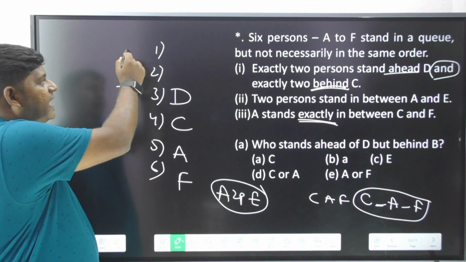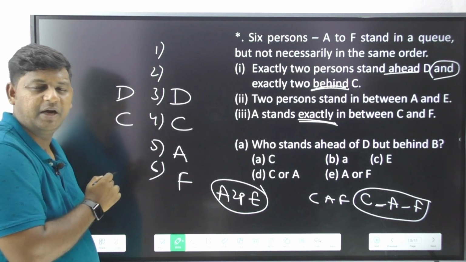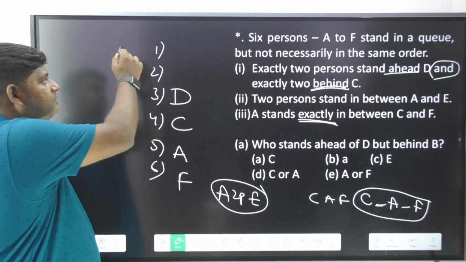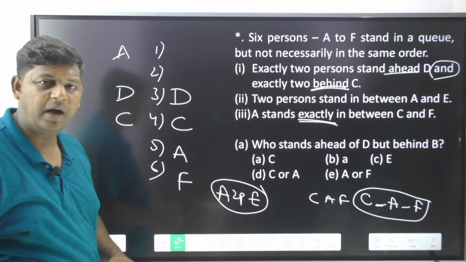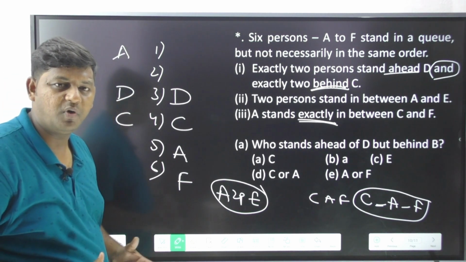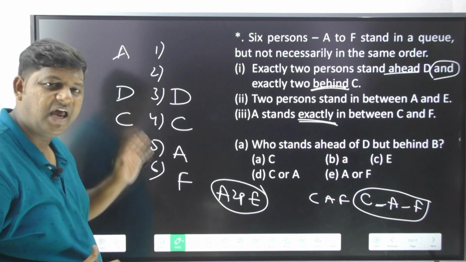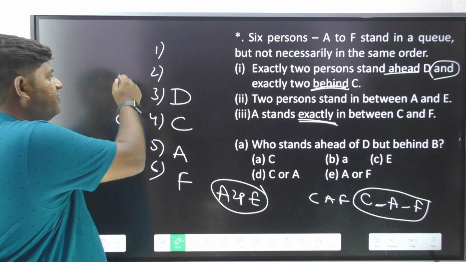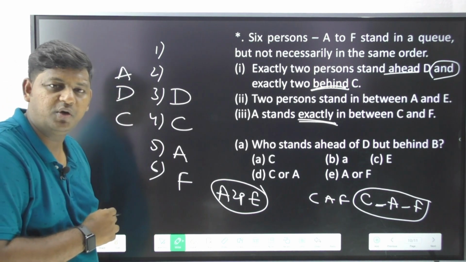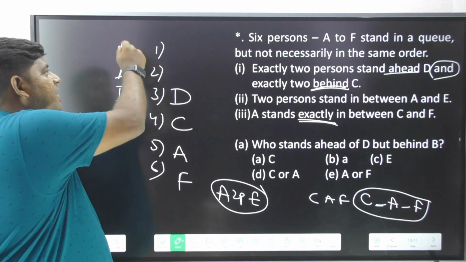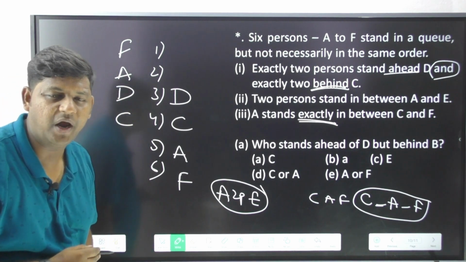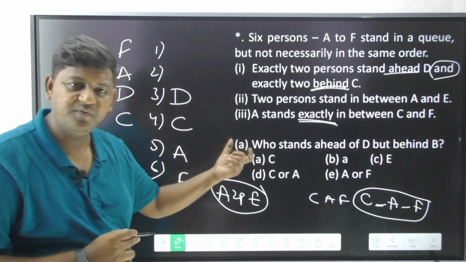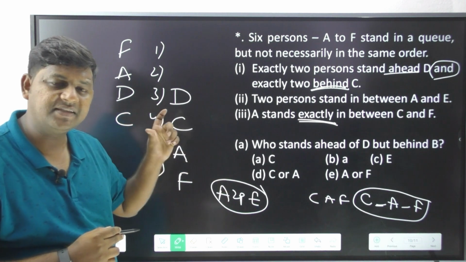Now if I allow A at position number 1, I'm not having any chance to place F. So that is why position number 1 is going to be ruled out. Now if I allow A at position number 2 and F at position number 1, again whether our condition is going to be satisfied as exactly?